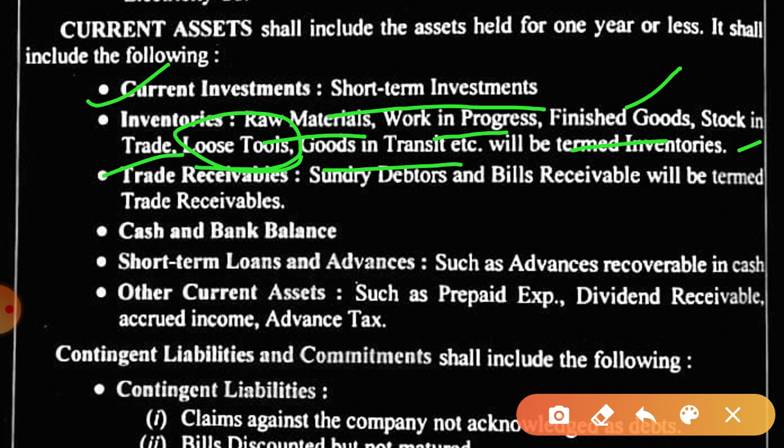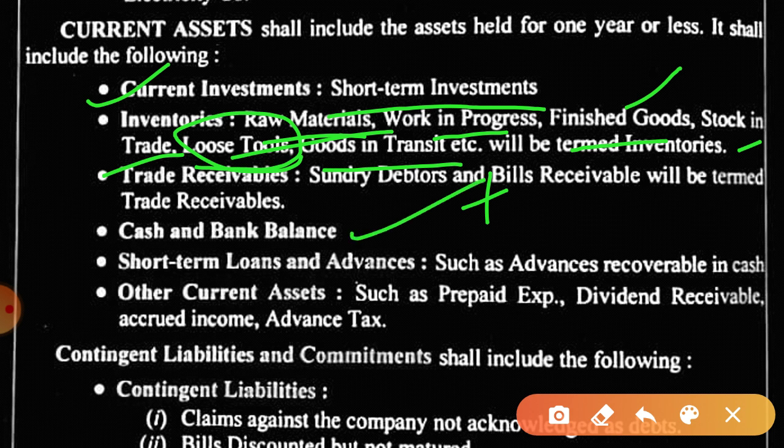Finished goods, you know, stock. So stock of each and every item, whether stock of finished goods, stock of work in progress, or raw material, all the stocks will be treated under inventories. Is this clear? Then trade receivable. These are debtors plus bills receivable.